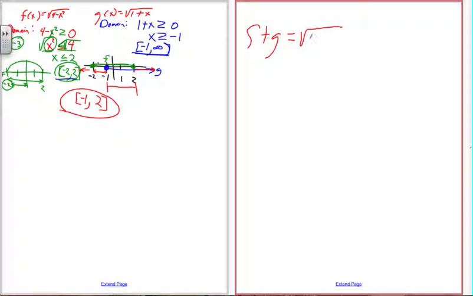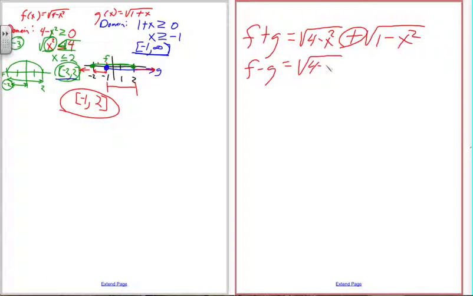That's going to be the square root of 4 minus x squared plus the square root of 1 plus x. And no, you cannot combine those because of the addition. F minus G, F times G. Now with multiplication, you can combine these.